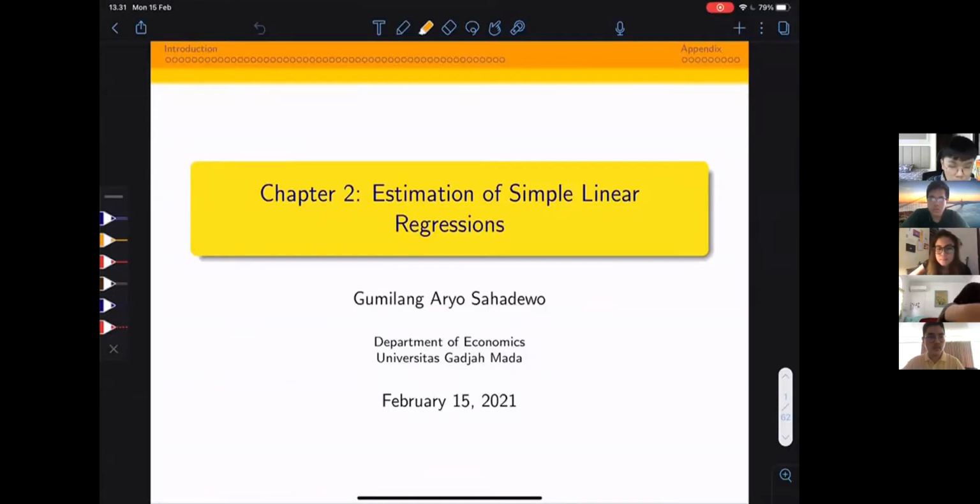I'm trying to share screen and do some annotations as well. It may get a bit choppy, I hope not, but I think this is something that I need to try because there are going to be some notes which are important for you to understand. So let's try for today's meeting.